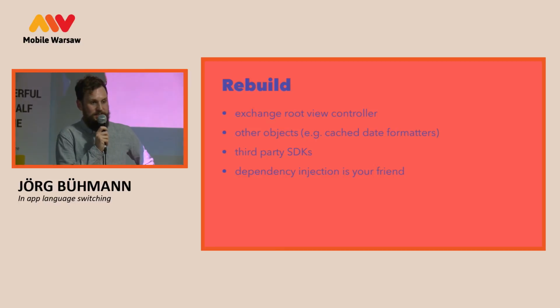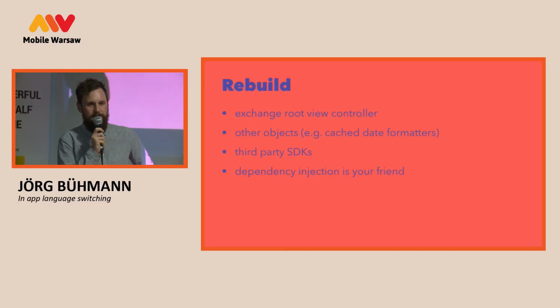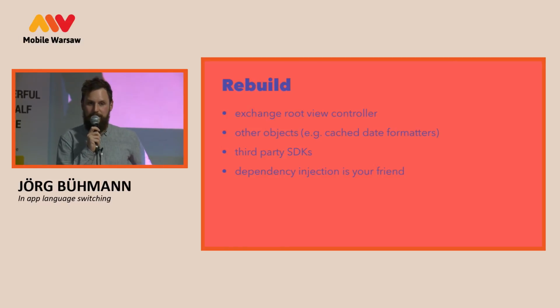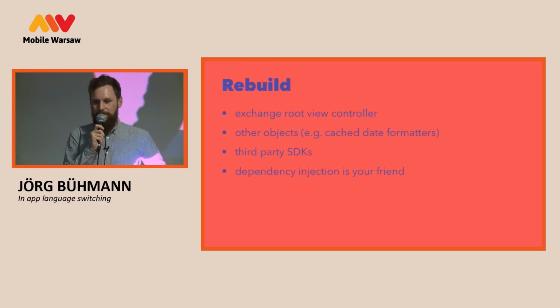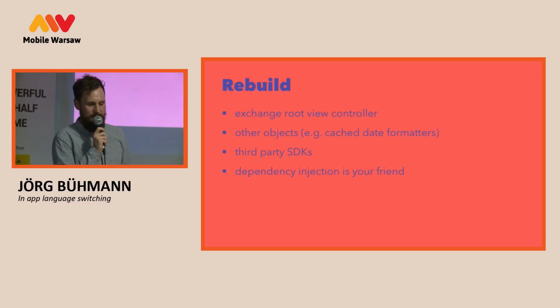Also remember, it's not just the UI, but also other objects that live on, like the number formatters that we talked about before. We had several bugs where after a language switch, we would still show the French date in a German app if you switched from French to German, or the other way around.